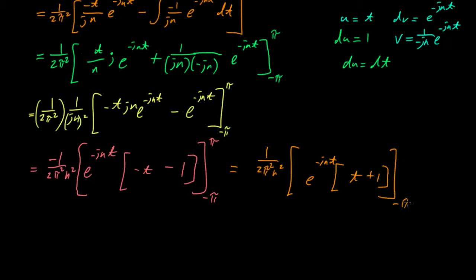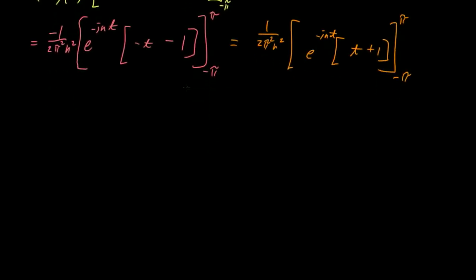Okay, so e to the negative jn pi times negative pi jn minus 1, minus e to the positive jn pi times pi jn minus 1.